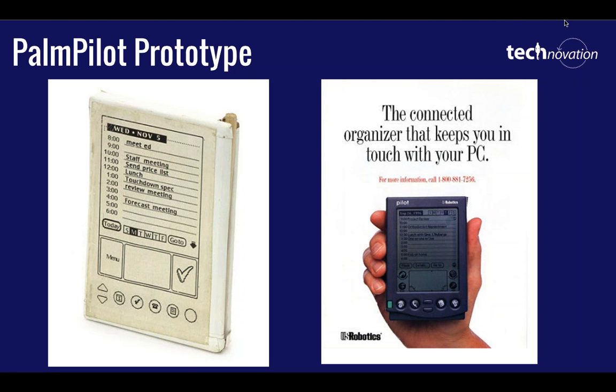So the point here being a prototype does not have to be pretty or perfect, and you should give them wiggle room and they should give themselves wiggle room to create a product that changes over time and adapts.